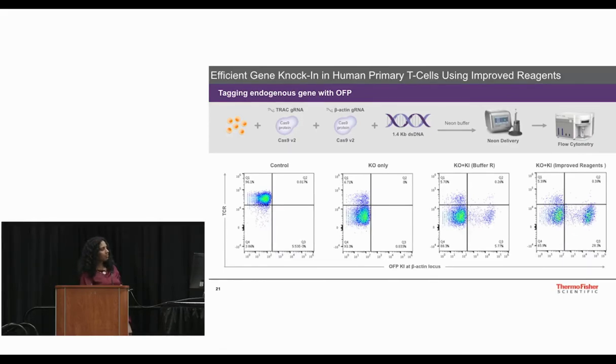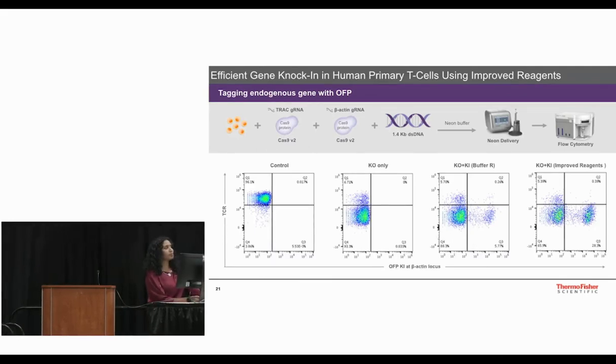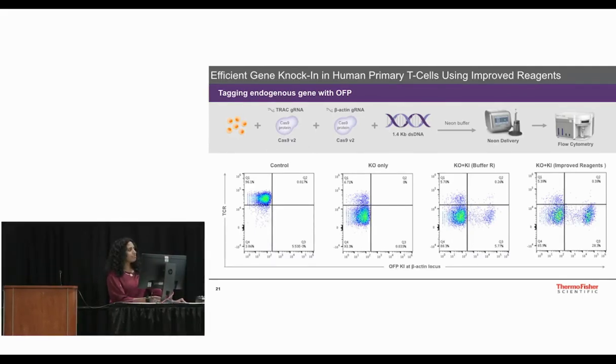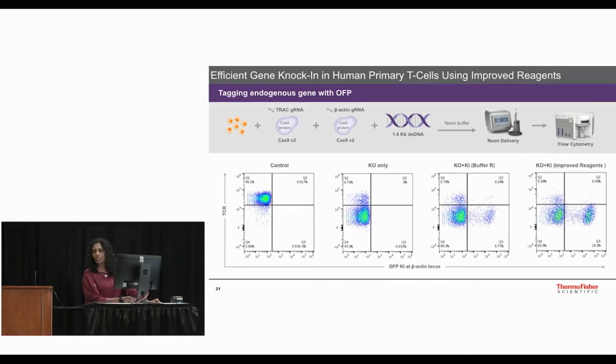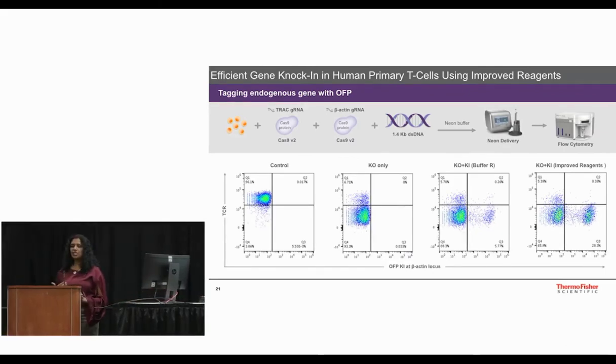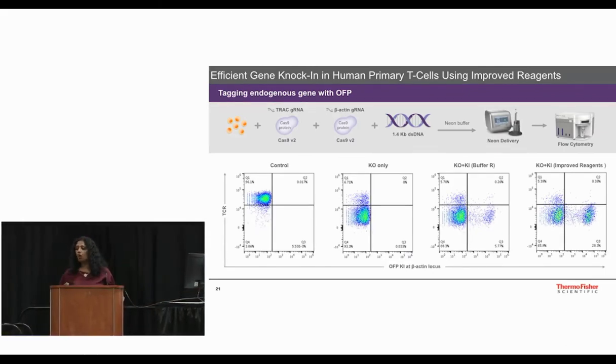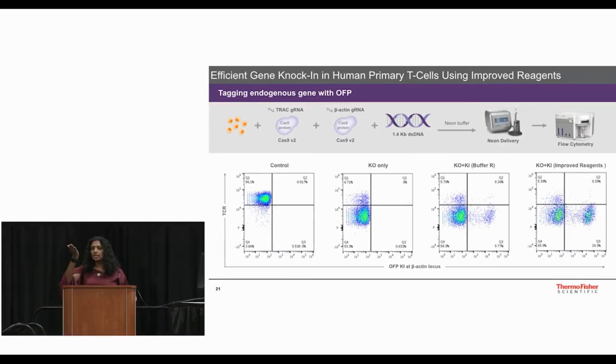Now in the knock-in sample, what I see with the regular transfection electroporation buffer R, I'm barely getting any knock-in efficiency of my OFP protein, which is about 5%. So what we have done then is we wanted to improve this efficiency. We screened several small molecules that can boost the knock-in efficiency.